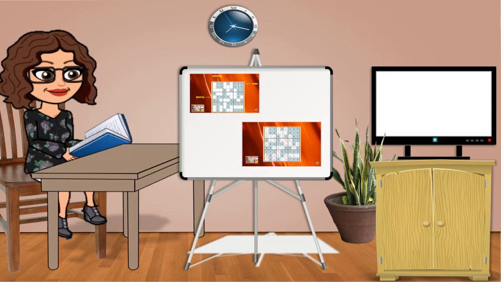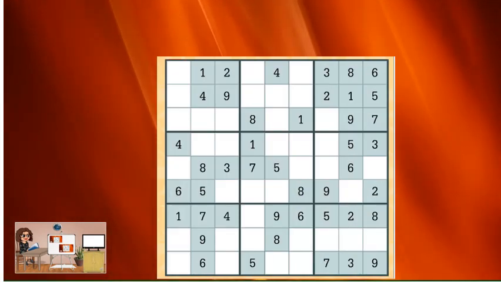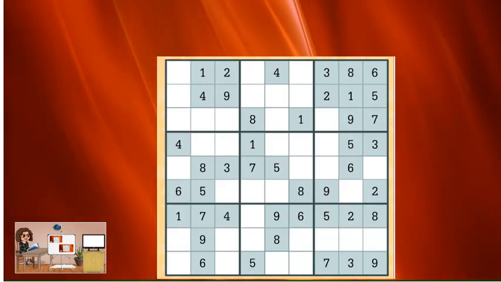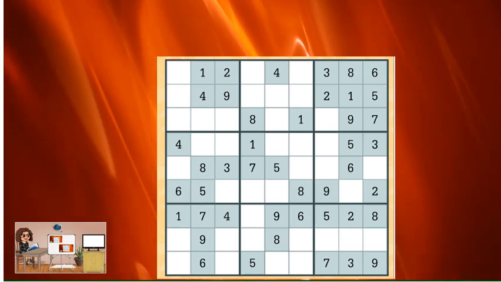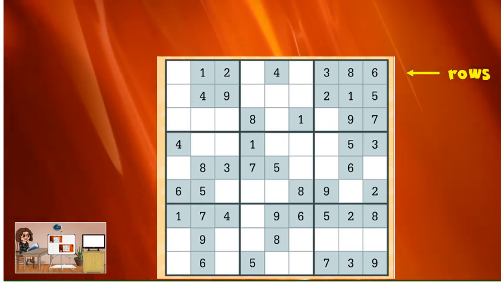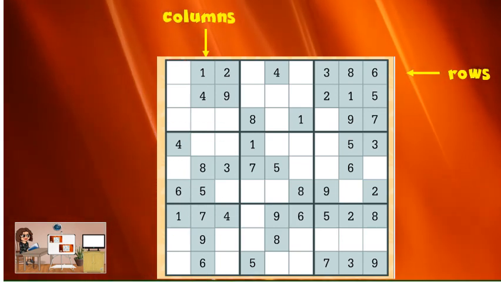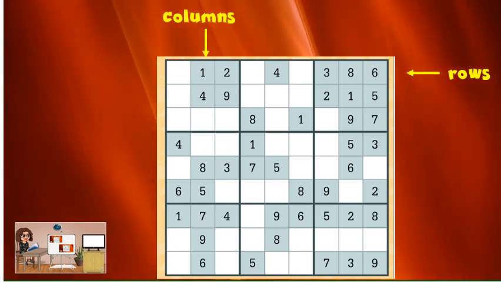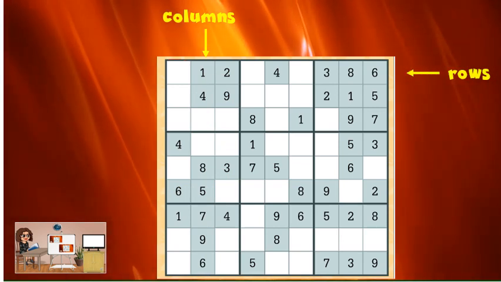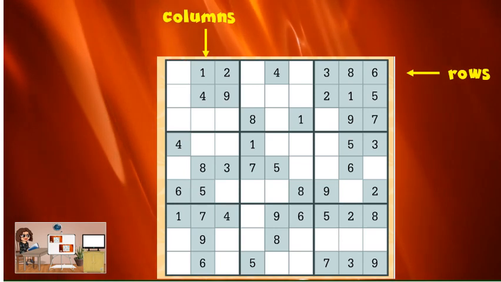There are many different types of Sudoku puzzles, but the standard form looks like this. A 9 by 9 grid where there are 9 rows and 9 columns. Because it is a 9 by 9 grid, there are 81 squares or cells.